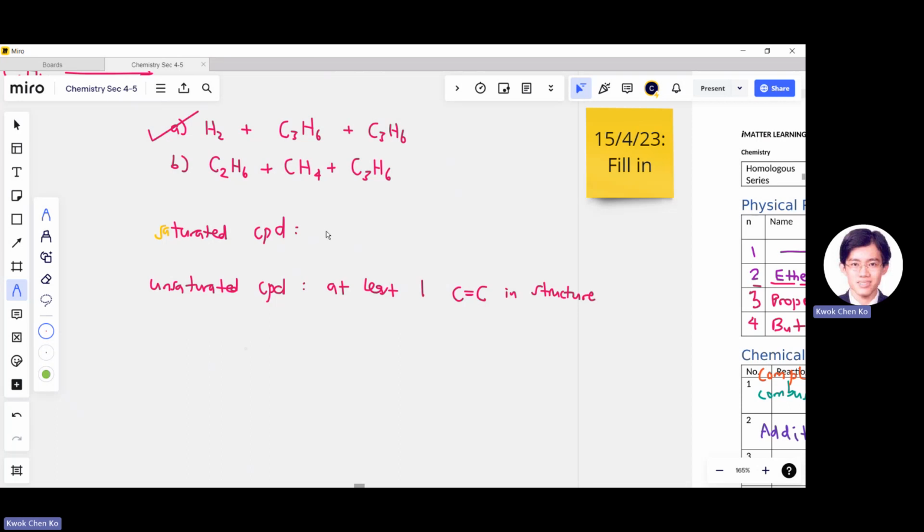That means basically all single covalent bonds. For O levels, you take it as a lesson. Right, so of course the best example is alkane. Alkane is a saturated compound.